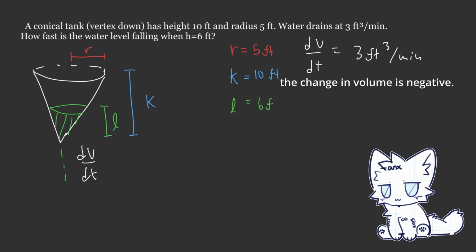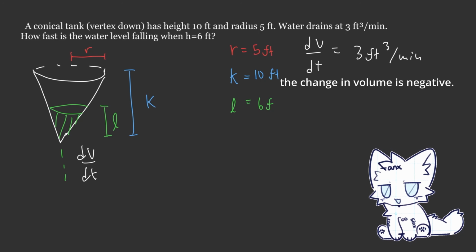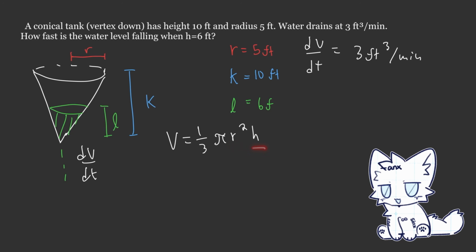Now see if you can solve this problem by yourself. I'll give you the formula for a cone and see if you can solve it by yourself. Here's the equation for the volume of a cone, where this is the radius and this is the height of the cone.